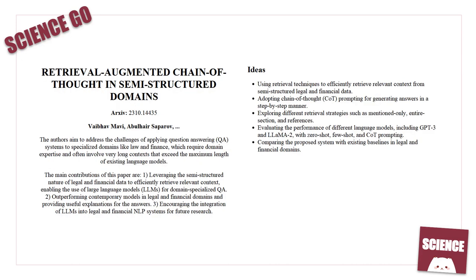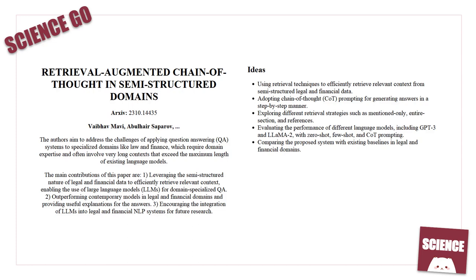The paper Retrieval-Augmented Chain of Thought in Semi-Structured Domains addresses the challenges of using question answering systems in specialized fields like law and finance. These domains often involve long and complex information that exceeds the capacity of existing language models. The paper proposes a solution by leveraging the structure of legal and financial data to efficiently retrieve relevant context.